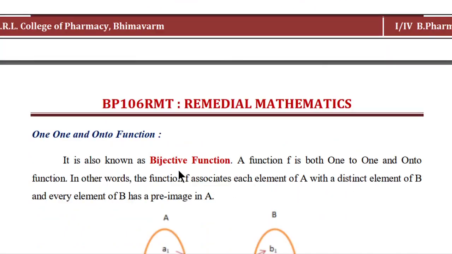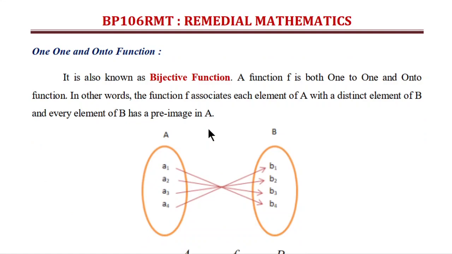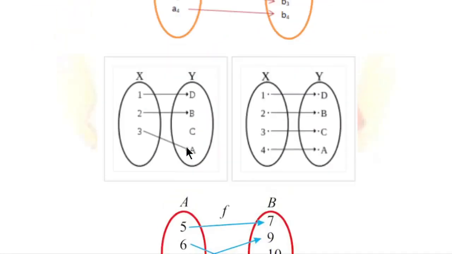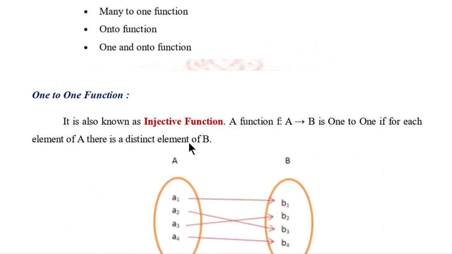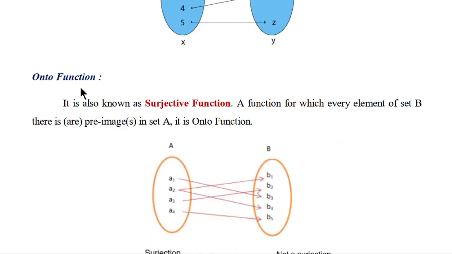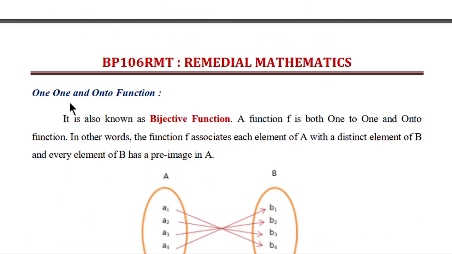Another classification is the one-to-one and onto function. It is also known as a bijective function. In this bijective function, it satisfies both one-to-one and onto conditions. So if a function satisfies the one-to-one condition and also the onto condition, it is known as a one-to-one and onto function.